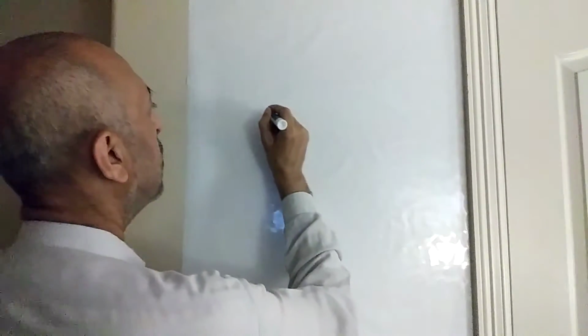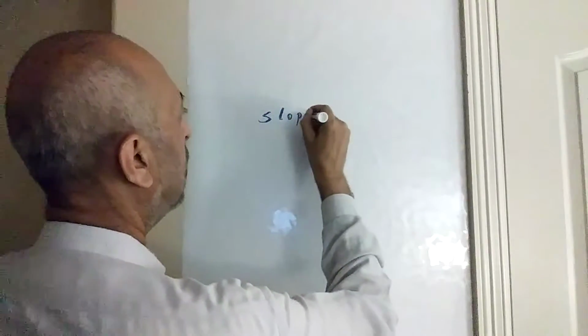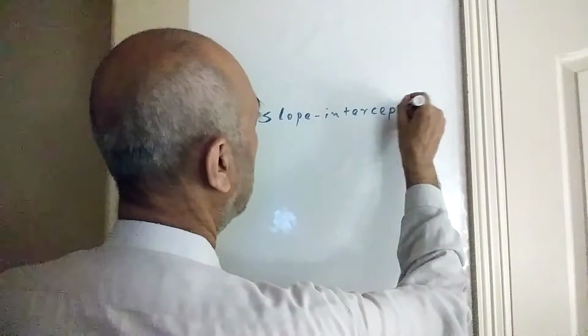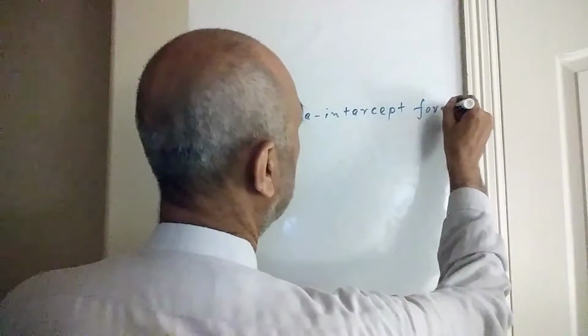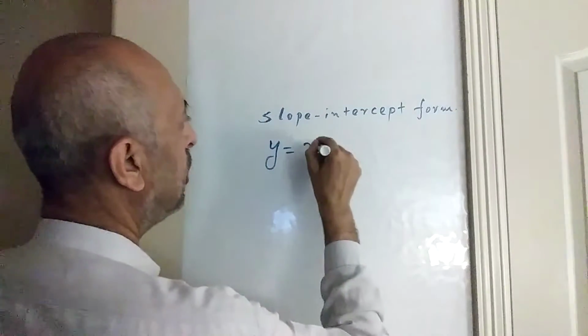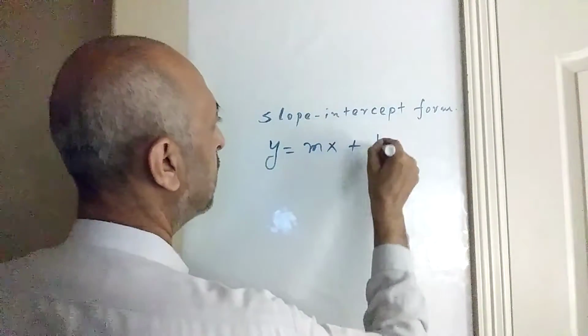And most of us remember that by slope-intercept form, which is y is equal to mx plus b.